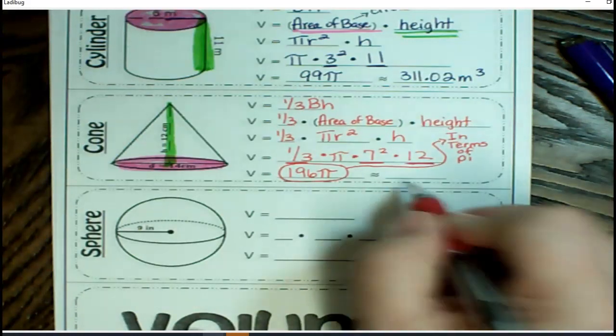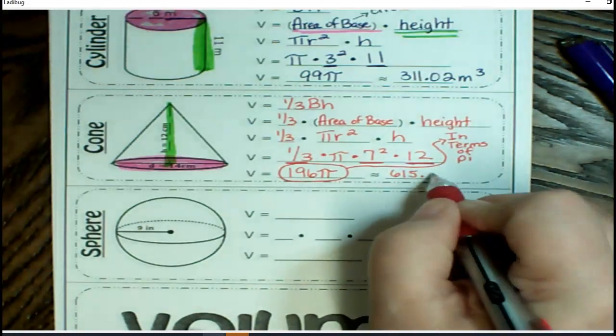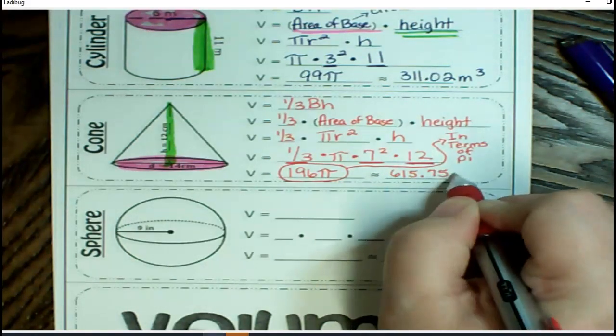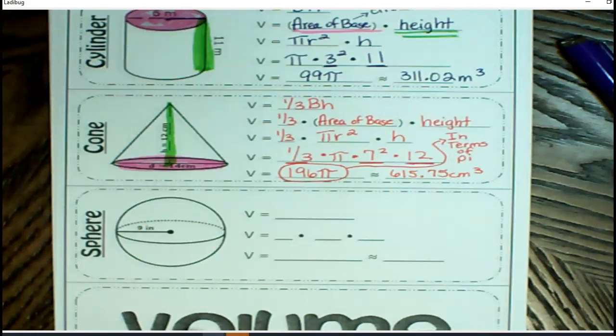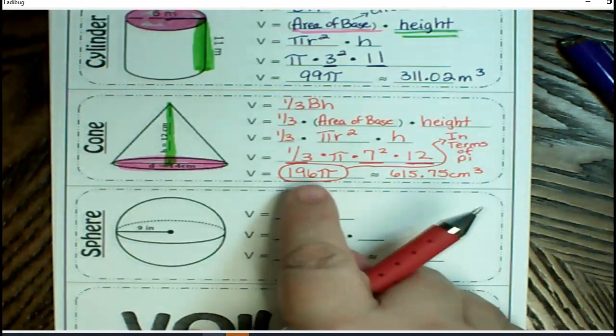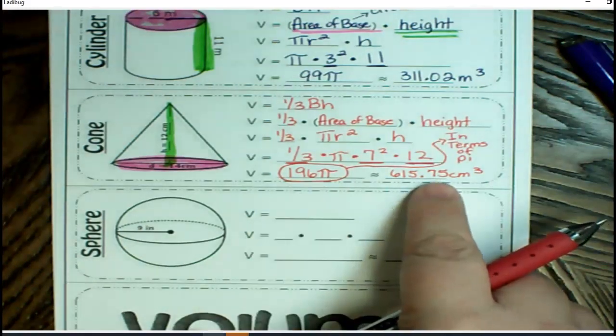So you should have got 615.75 centimeters cubed. So again, here's your answer in terms of pi. Here's your approximation rounded to the nearest hundredth.